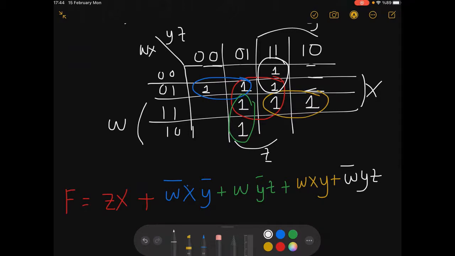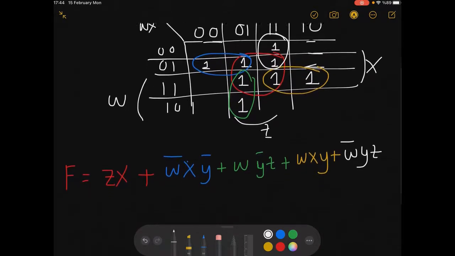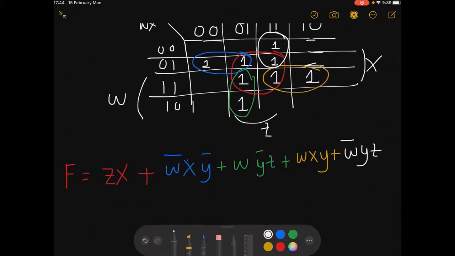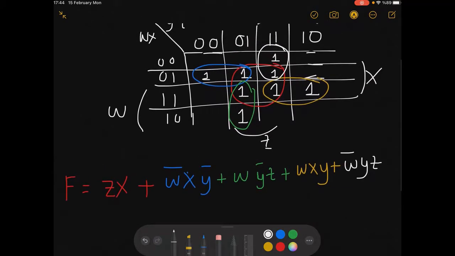Okay, good one. So the thing is, when you cover all of these, in fact, you don't need this one. You see this? You can remove it and everything will be perfectly okay.